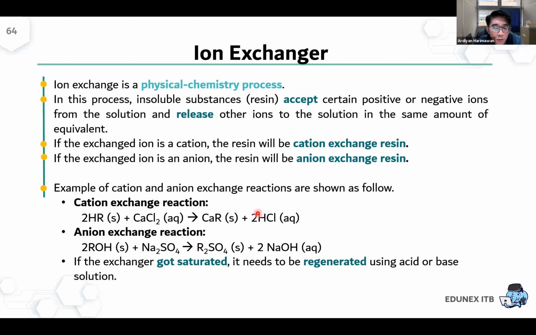The resin will be saturated. It means they won't have any either the hydrogen ion or the hydroxide ion. So it got saturated, and it should be regenerated, using acid or base solution depending on the types.